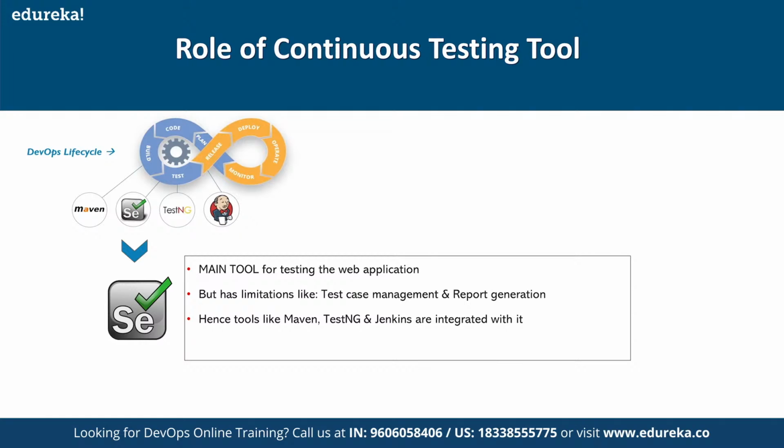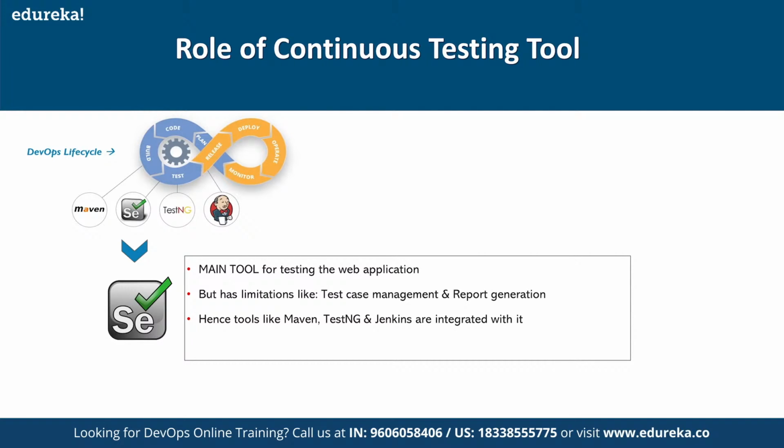If I talk about Selenium, what Selenium is, Selenium and TestNG. Selenium is a tool that helps you in automating the test cases. Selenium is mainly used for testing web applications, web pages, any web application that you're developing.